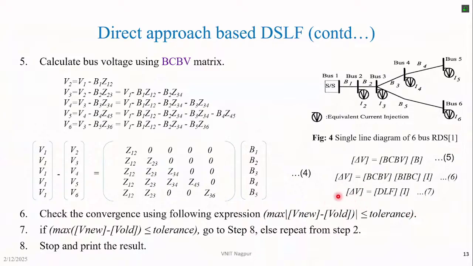Based on this bus voltage, you calculate what the maximum mismatch is, and whether this mismatch is less than the tolerance value or not. If it is less than the tolerance value, then it's fine, stop the iteration, and display whatever the voltage and current across all of these paths. Otherwise we have to repeat it again, and this iteration keeps on going until it satisfies this condition.